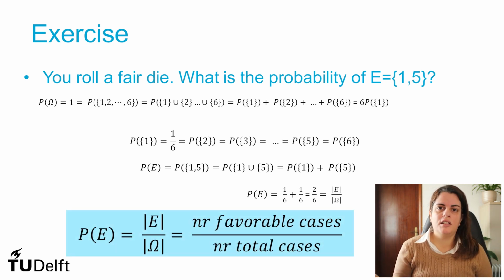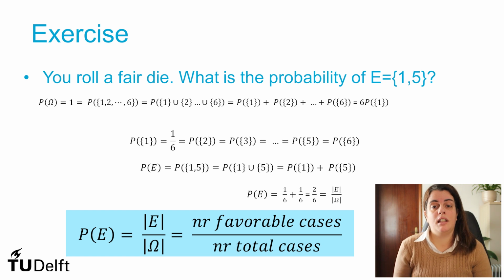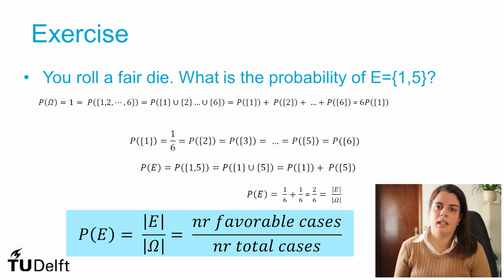It's the cardinality of the set of the event over the cardinality of the sample space. Or in other words, the number of favorable cases over the total number of outcomes. And this is basically the most general foundation of probability theory.